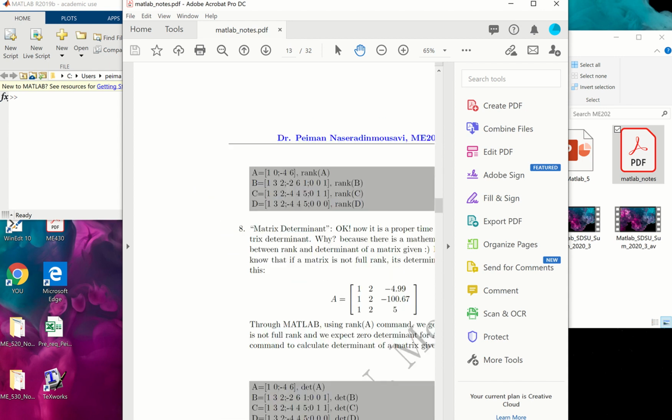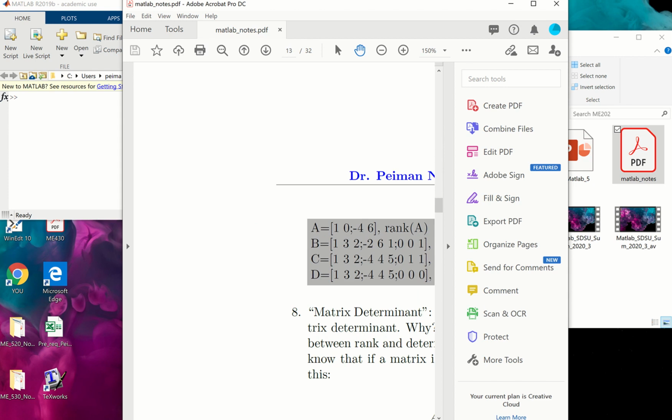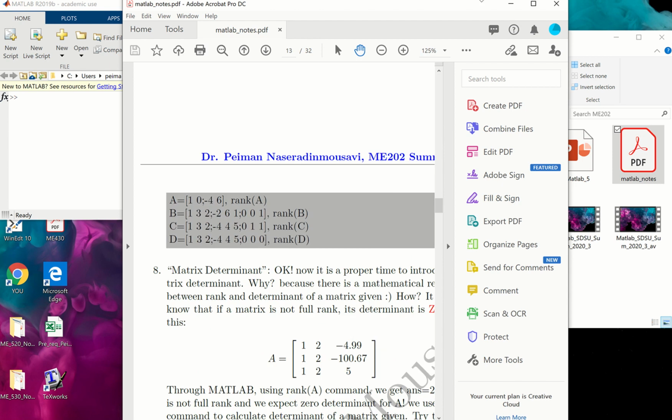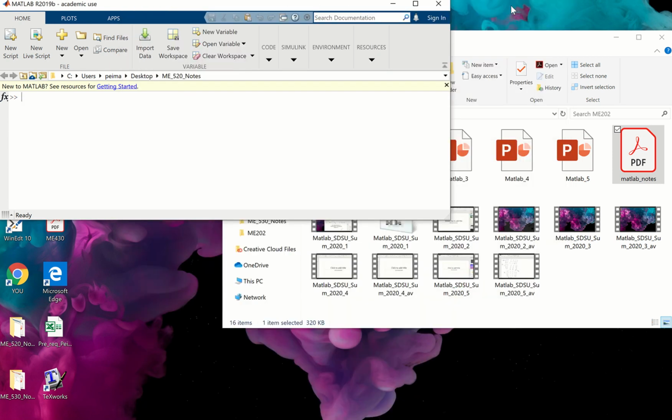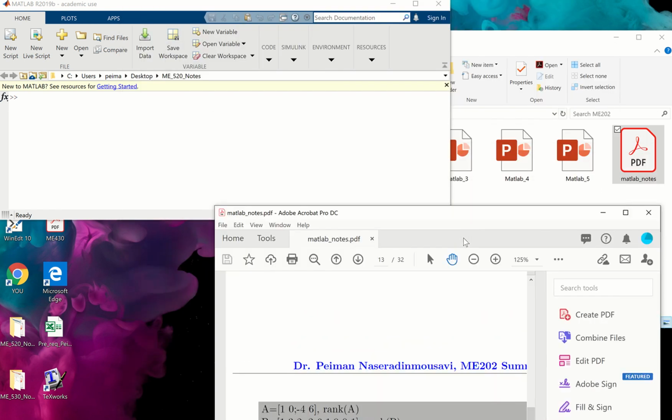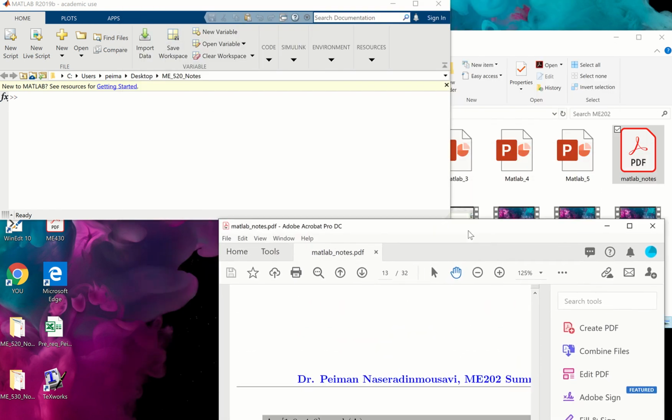So in the previous class, in part 5 that you can find on YouTube, we were talking about the rank of the matrix, and the rank of the matrix reveals linear dependence or linear independence of the columns or rows of a given matrix, right?